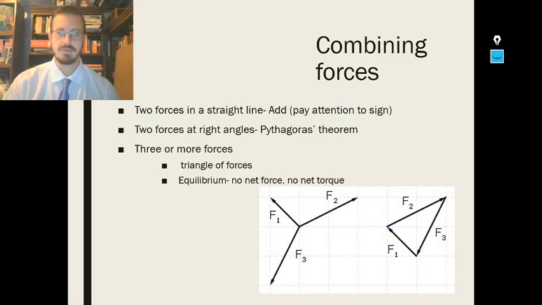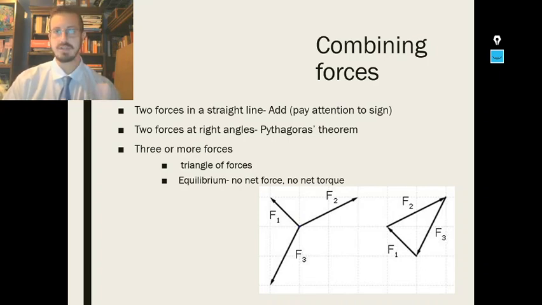If we move the vectors around, imagine taking force 2 and putting its tail at the head of force 1, and then taking force 3 and translating that in space so its tail is at the head of force 2, you can see that these three forces actually make a closed vector triangle. And so that triangle of forces would say that those forces are all balanced out. There is no net force, and the object is in equilibrium.